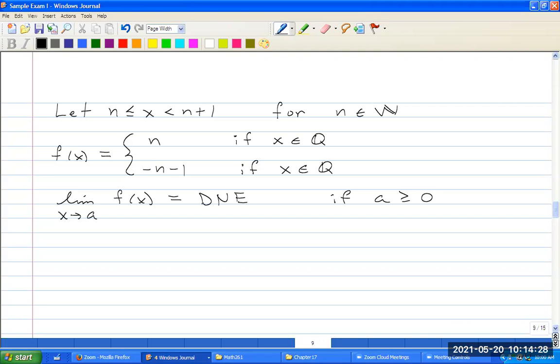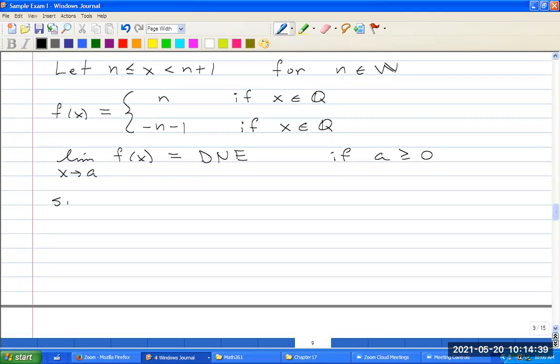And this is an important fact that I'm using to show that the limit doesn't exist: no matter what, as you approach any value a, you're going to get a value that's either equal to n or minus n minus 1.